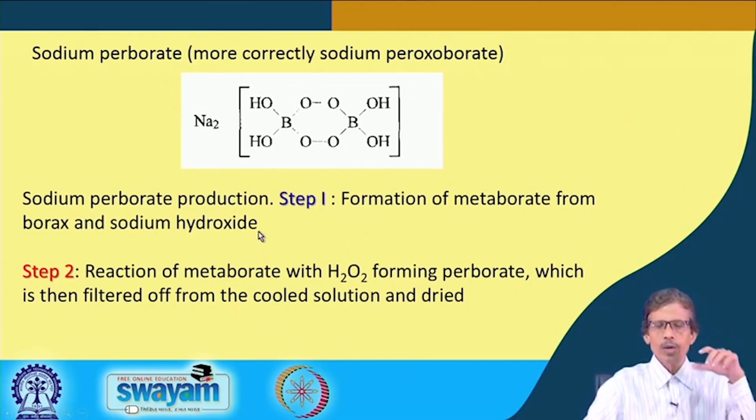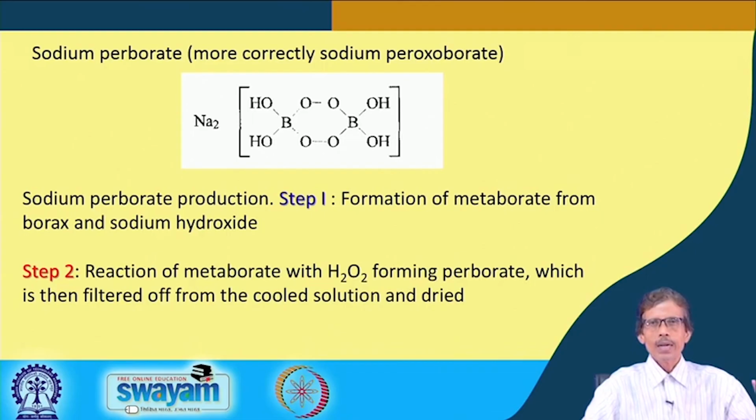Borax is the starting material because it is basically a mineral type of thing from boron. Step 2 is the metaborate reacting with hydrogen peroxide, and we cool the solution, precipitate out and then dry the material. So it has a typical peroxy linkage, a boron based peroxy compound.